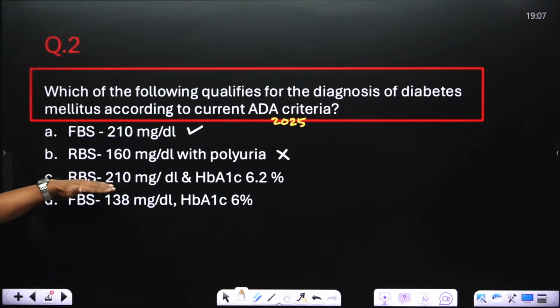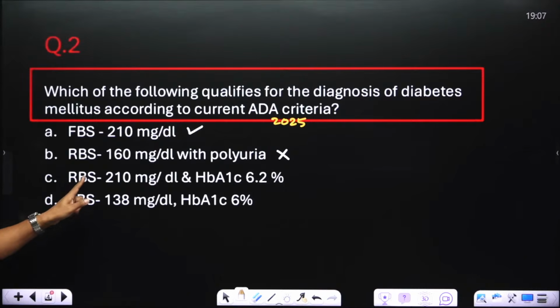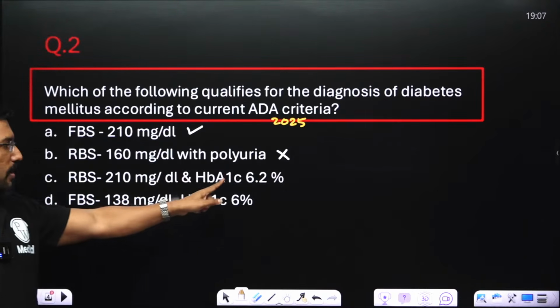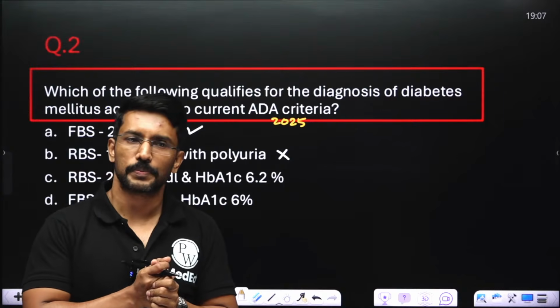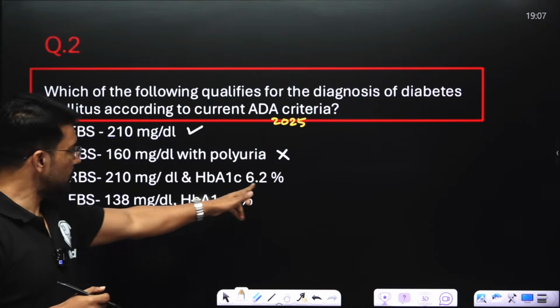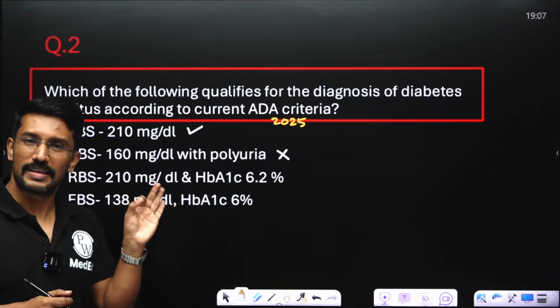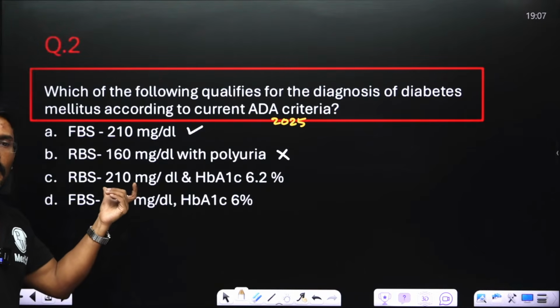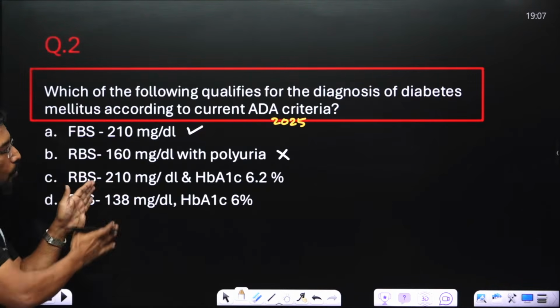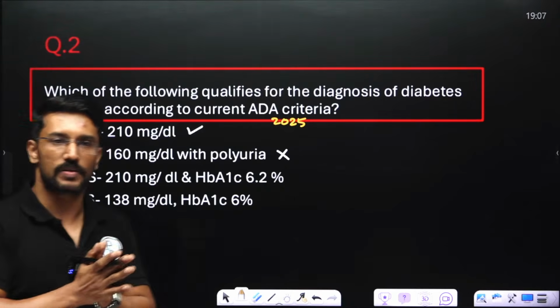Okay, the next one, C. RBS of 210 milligrams per deciliter and HbA1c of 6.2%. Does it satisfy the criteria? Now please remember, HbA1c does not satisfy. HbA1c has to be 6.5% or more. Does RBS satisfy? RBS can be used as a criteria only in presence of symptoms, right?